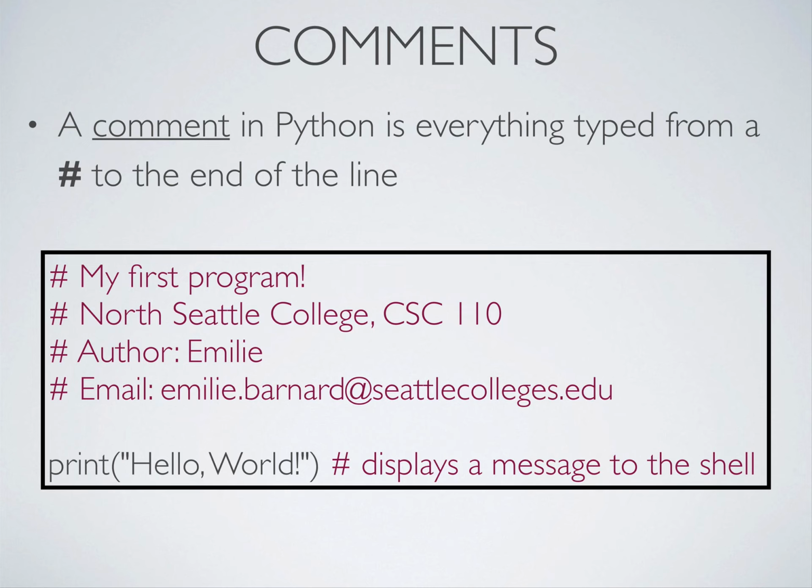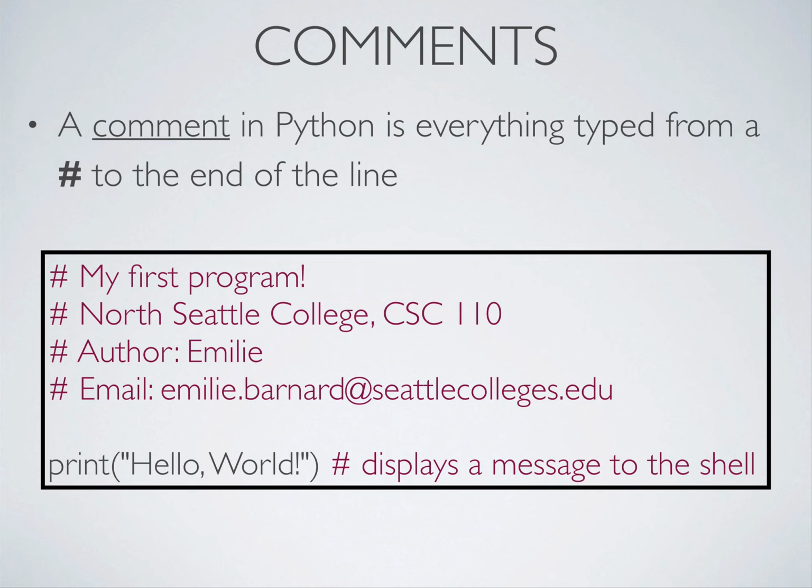These are what I call header comments. They make it super easy to say, oh, okay, so-and-so wrote this. It's for this purpose. This is their email address if I need to contact them. You will be writing these on all of your assignments: an explanation of what the program is, information about the school and the course that you're taking, your name, and your email address.